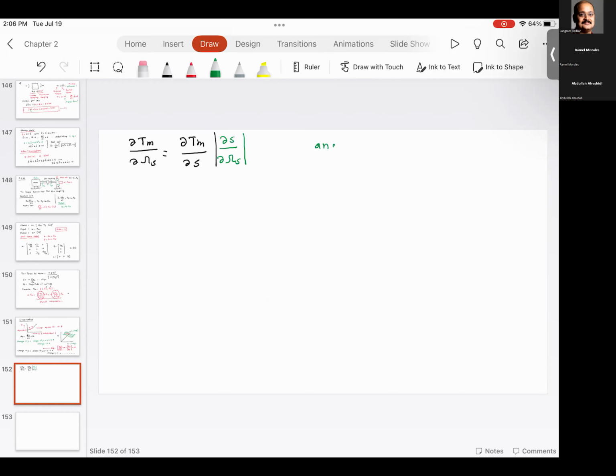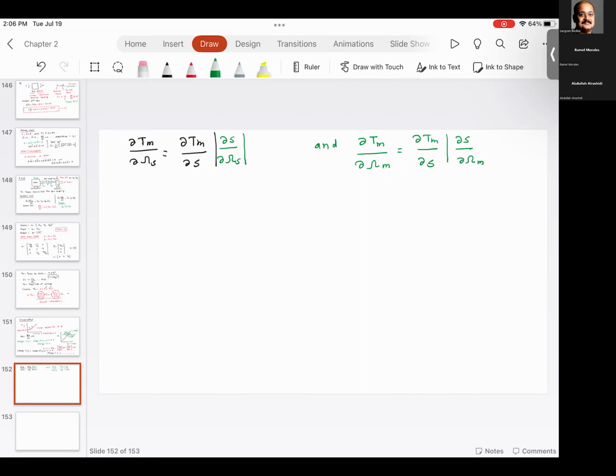And partial Tm by partial sigma m is equal to partial Tm by partial s, so I use the chain rule, times partial s divided by partial sigma m.